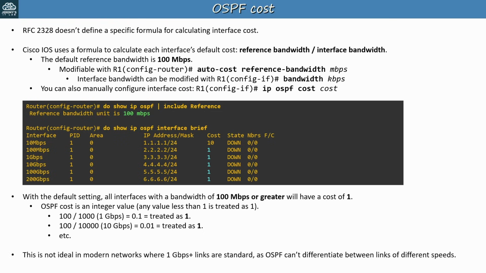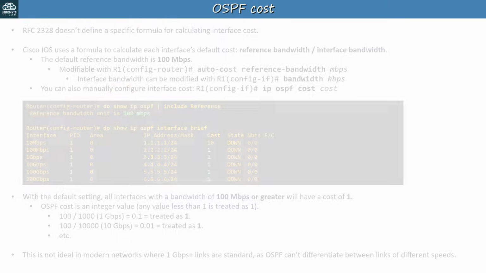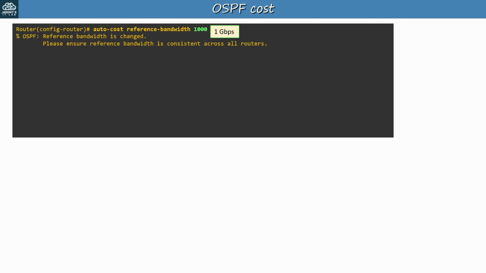This isn't ideal in modern networks, where speeds of 1 gigabit per second or greater are standard, as OSPF can't differentiate between links of different speeds. So let's try modifying the reference bandwidth and see how the results change. First, I set the reference bandwidth to 1000 megabits per second, or 1 gigabit, and then confirmed.